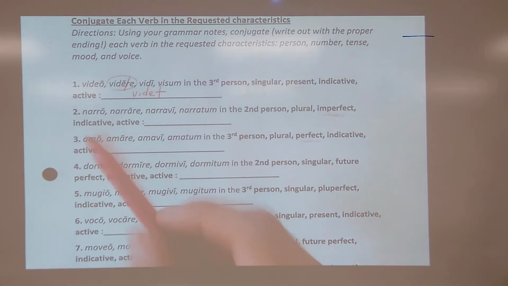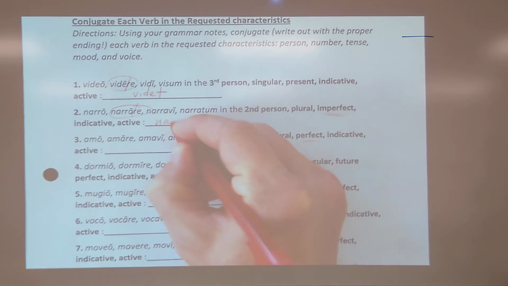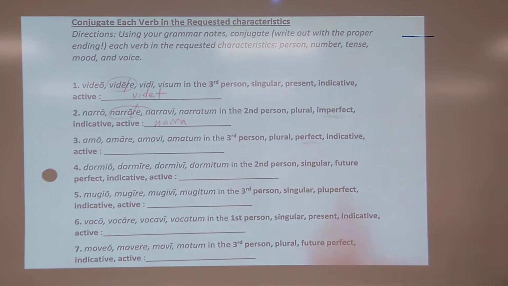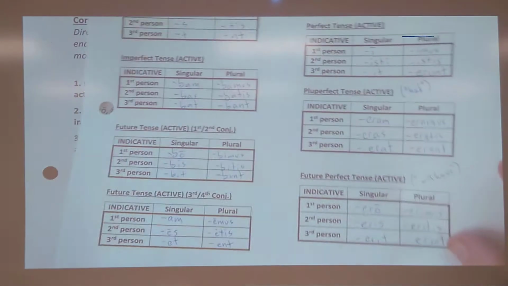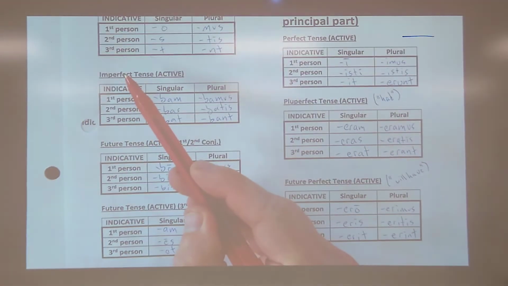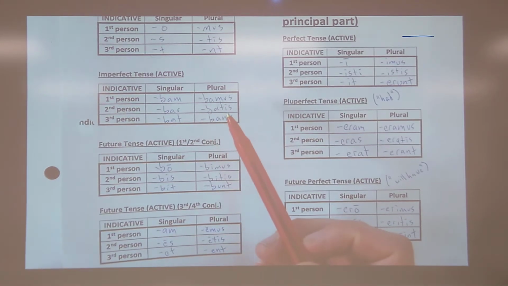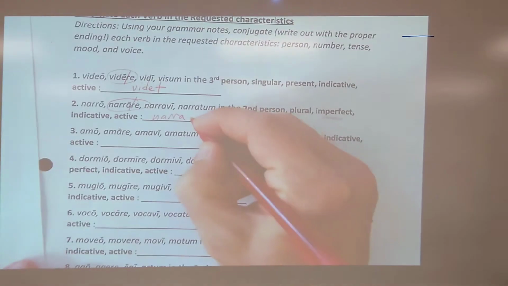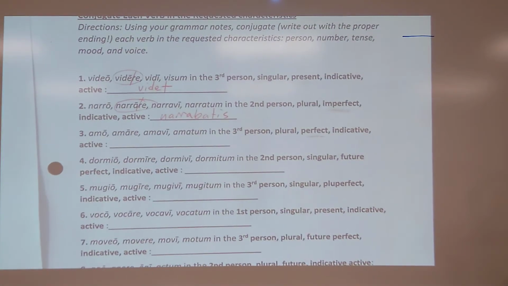So again, we go to the second principal part, chop off the RE, and we're left with nara. We add our second person plural ending for the imperfect tense, which is batis. So narabatis is the answer.